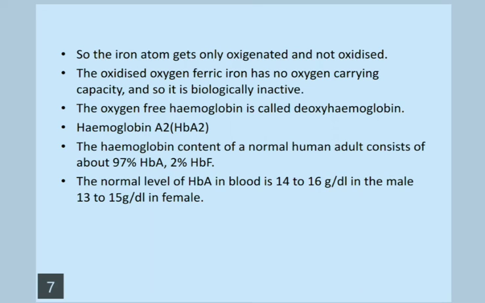The hemoglobin content of the blood of a normal human adult consists of 97% hemoglobin A, 2% hemoglobin A2 and 1% hemoglobin F. The normal level of hemoglobin in blood is 14 to 16 gram per dl in males and 13 to 15 gram in females.